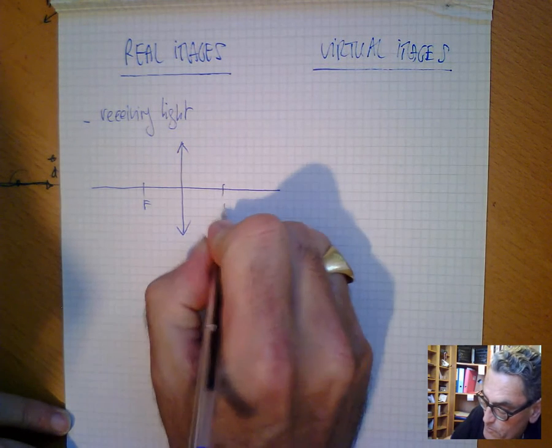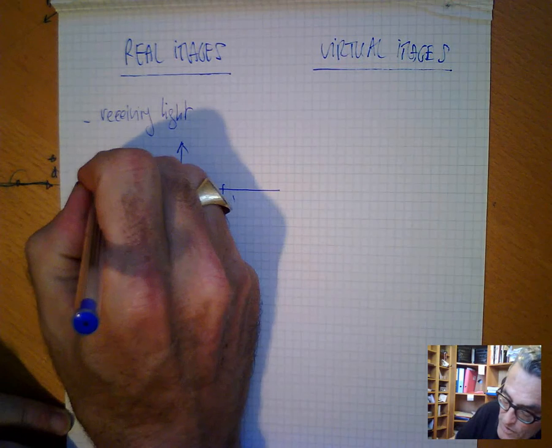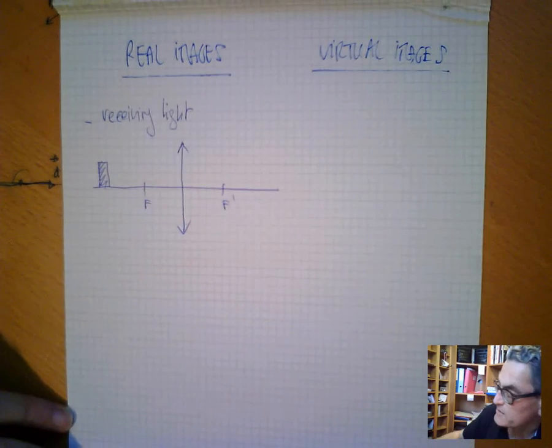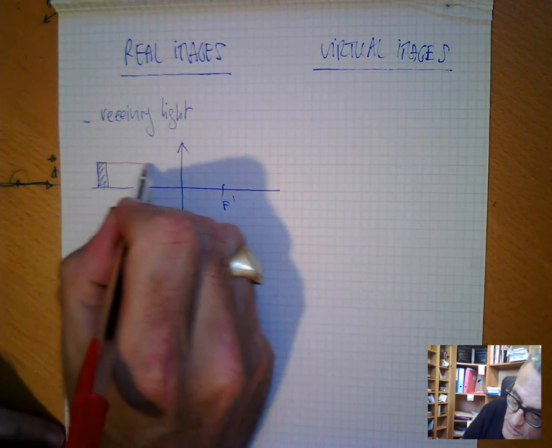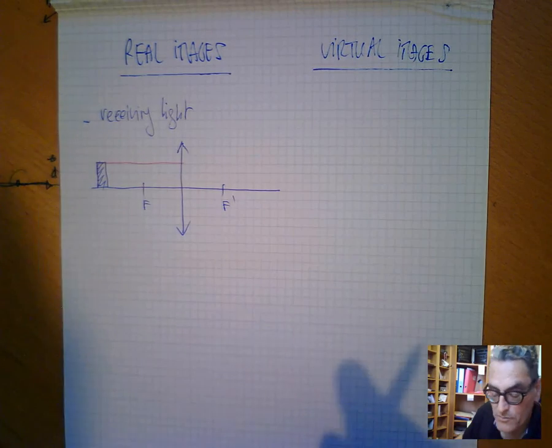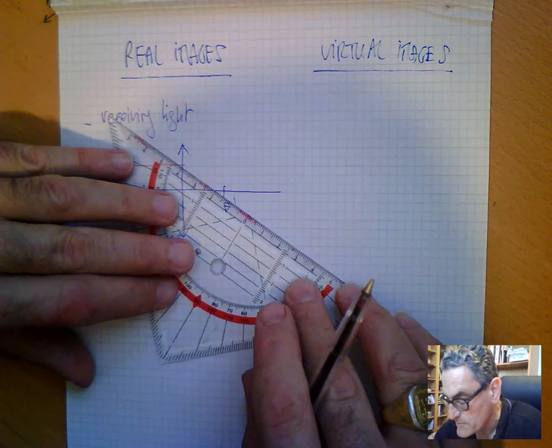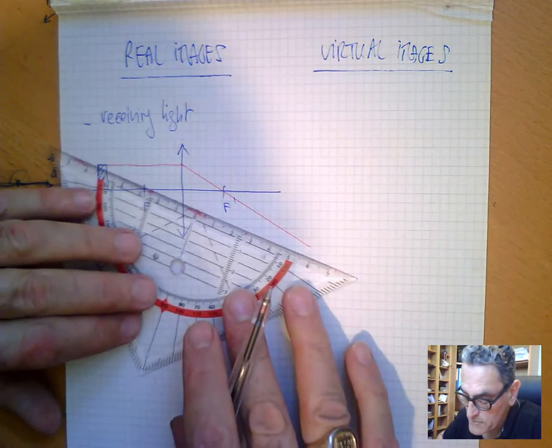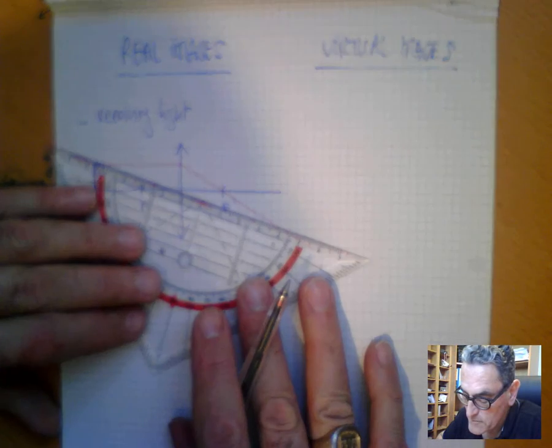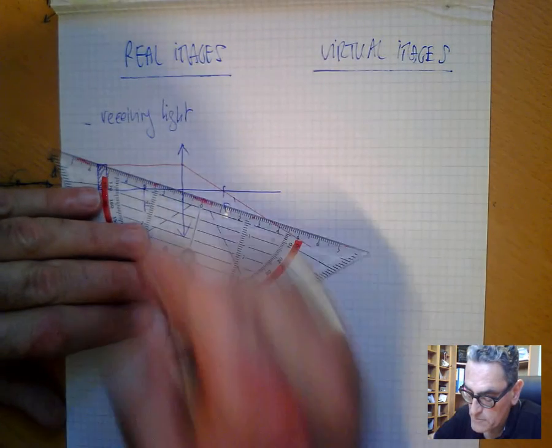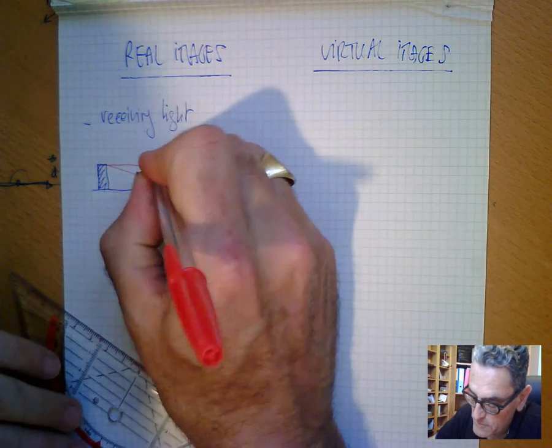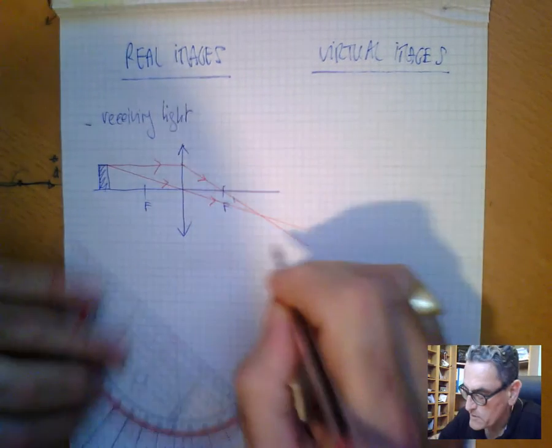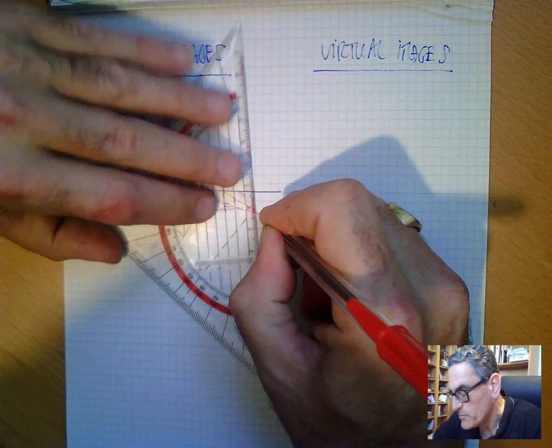We have the focal point and we have some object here, and this object will have a real image here.